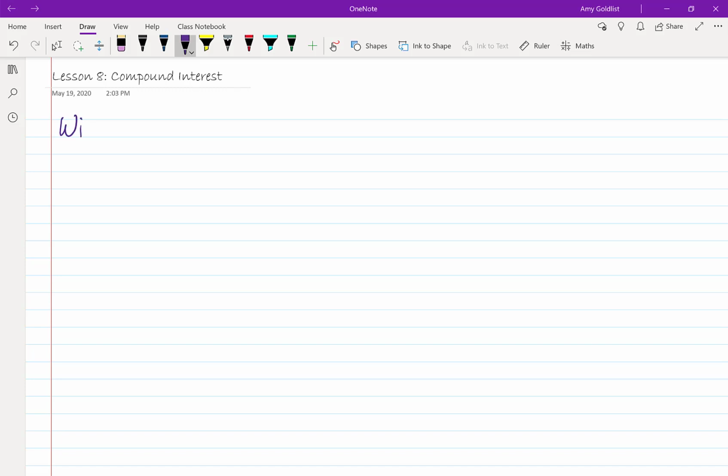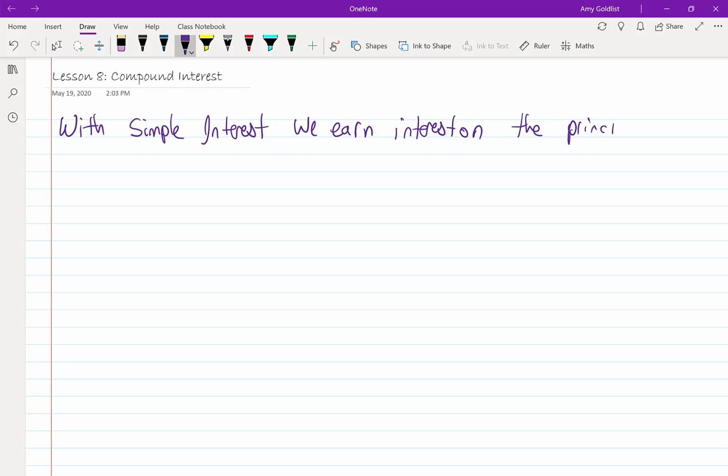Let's start by remembering simple interest. When we talk about simple interest, we only earn interest on the principal. So only on the principal do we earn interest.